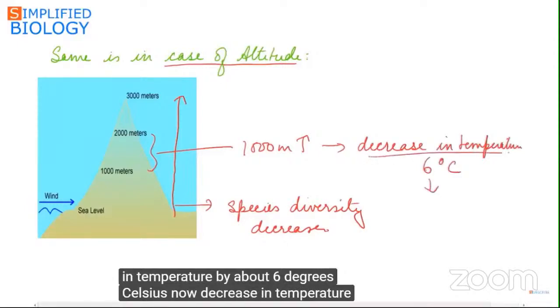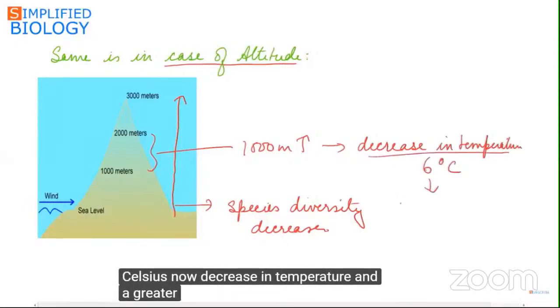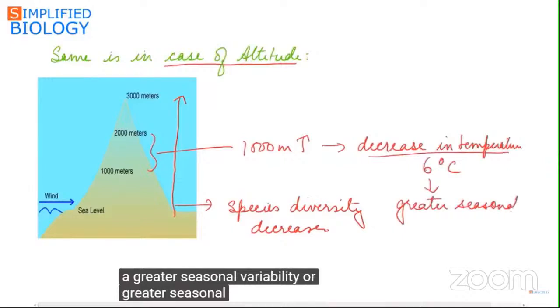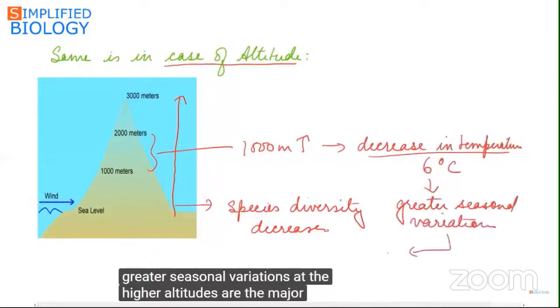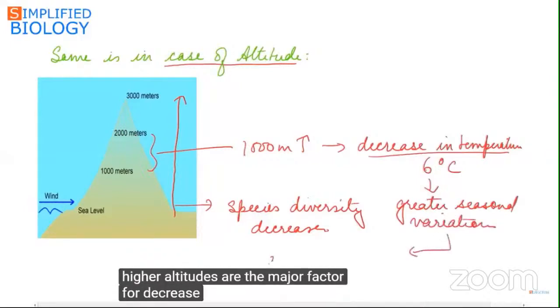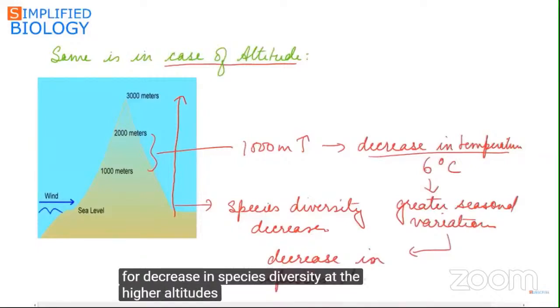Now, decrease in temperature and a greater seasonal variations at the higher altitudes are the major factor for decrease in species diversity at the higher altitudes.